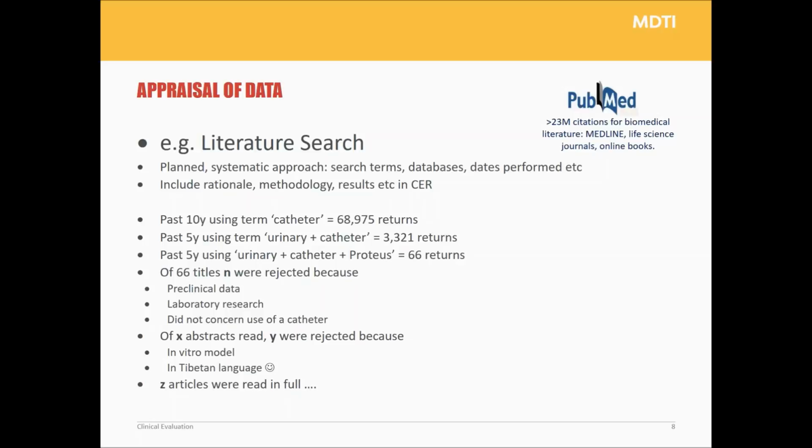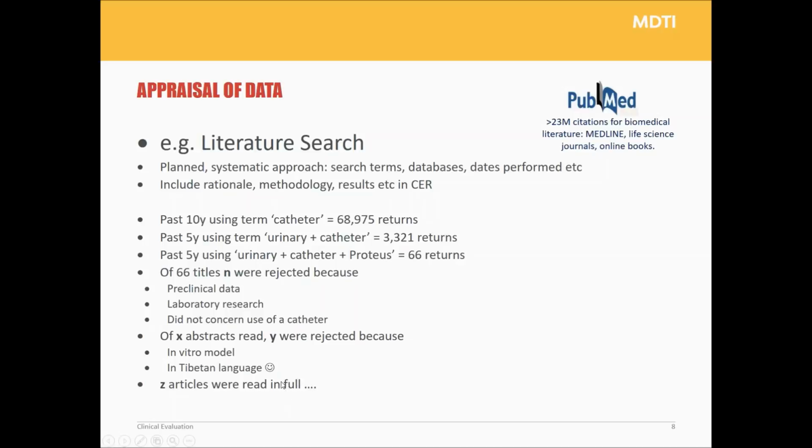I mean, sometimes seriously they are in a language that you as the author, particularly for those of us educated in the UK, just wouldn't be able to understand, though you can get them translated and so on. But that's a perfectly good reason for rejecting an article, because you're not in a position to appraise it. And then having appraised those, get full copies of the remainder.